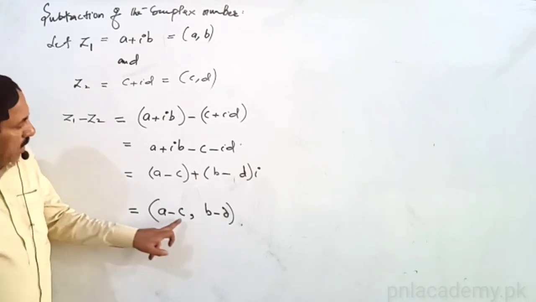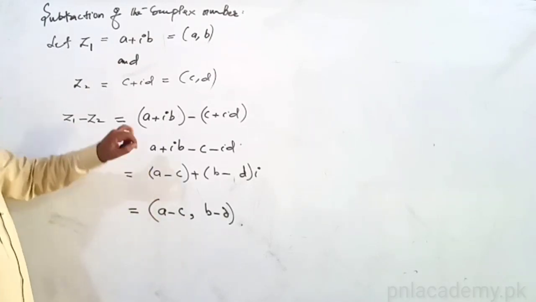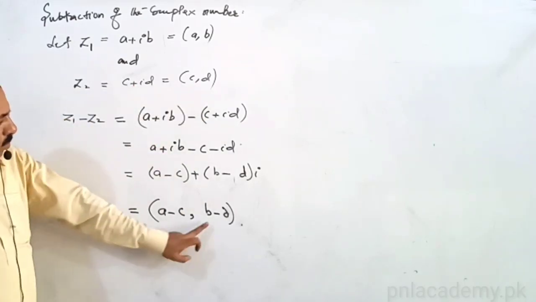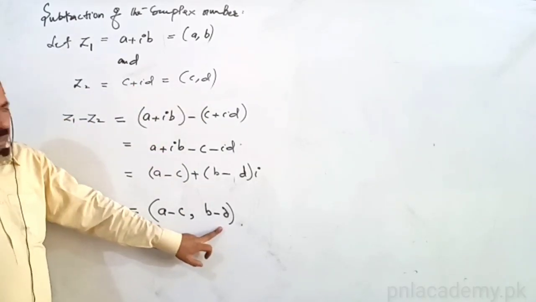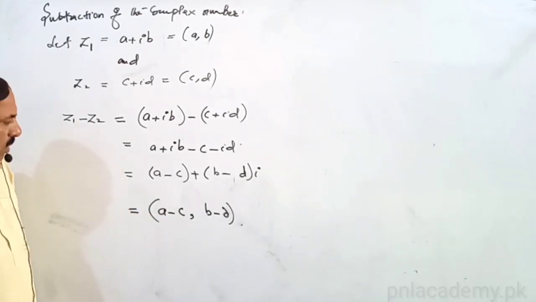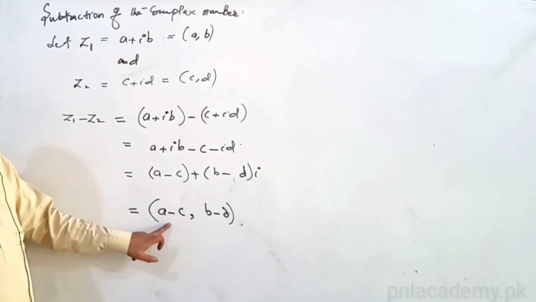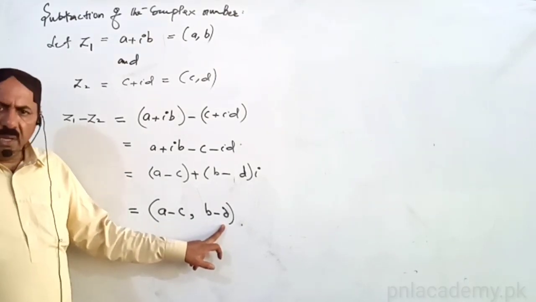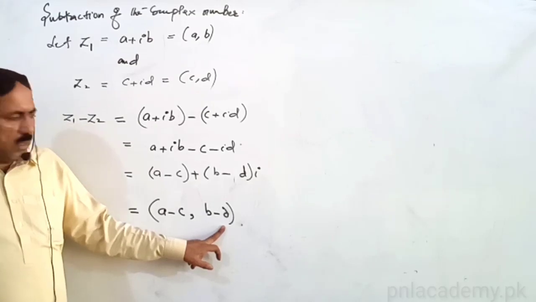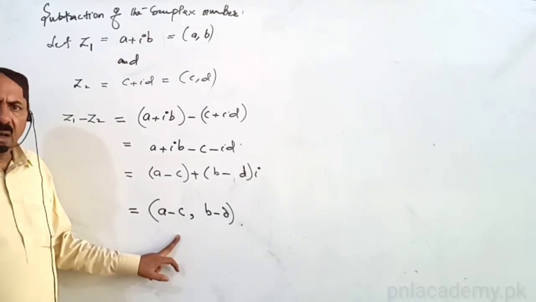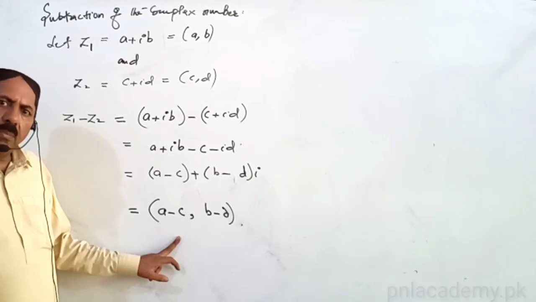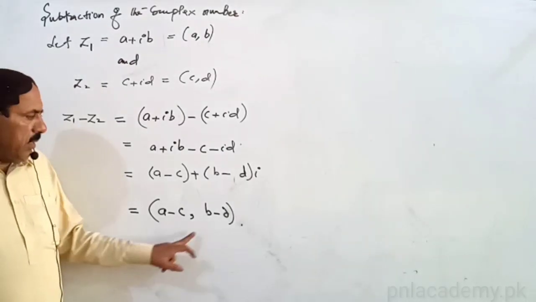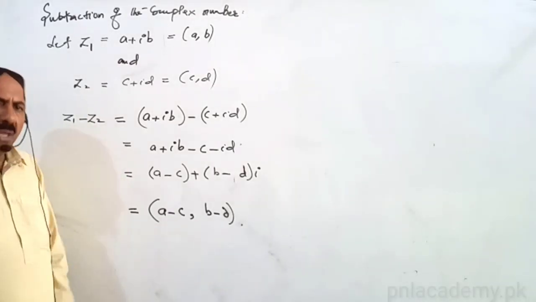So here a and c both are real parts of the complex numbers. b and d both are the imaginary parts. So here the real part is subtracted from the real and the imaginary part from the imaginary. According to the definition, two complex numbers are conformable for subtraction if the real part is subtracted from the real and the imaginary part from the imaginary.